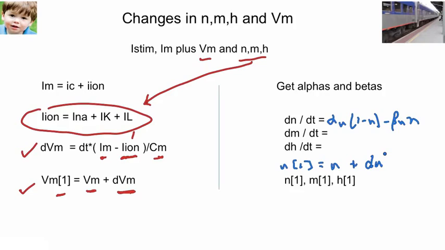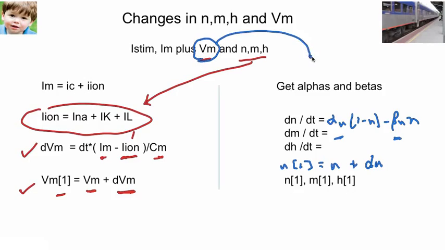But now let's see where these values come from. Here we're changing N, M, and H based on the equation that we have, alpha n, beta n, as well as the old value. And where do we get the alphas and the betas? We get the alphas and the betas because we know Vm.